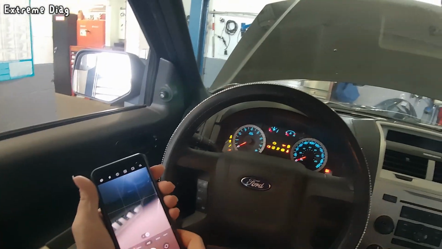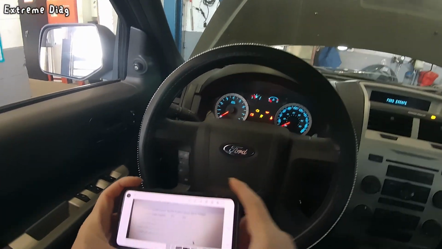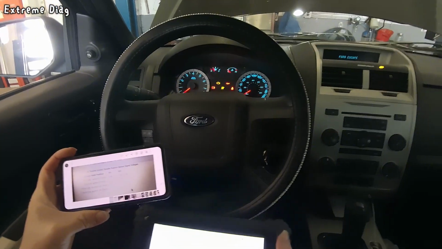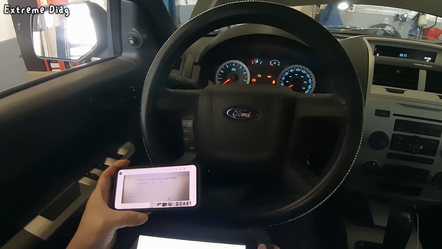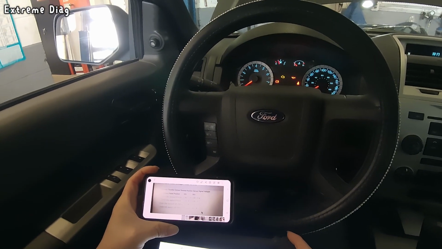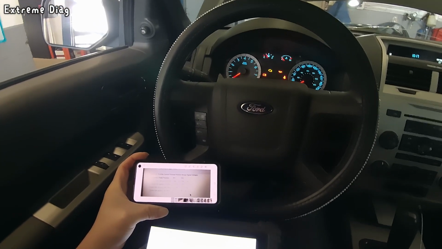We need to check the TP1 and TP2 data values with the accelerator pedal pressed and released. Unfortunately, it didn't show up well on camera.